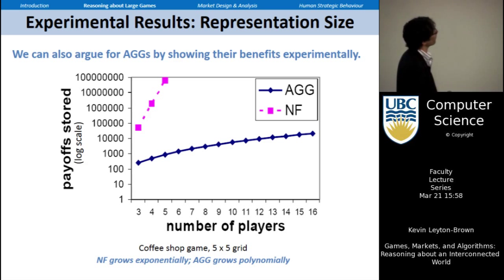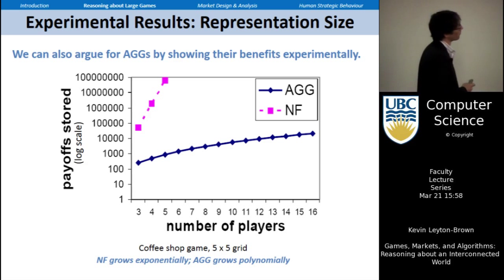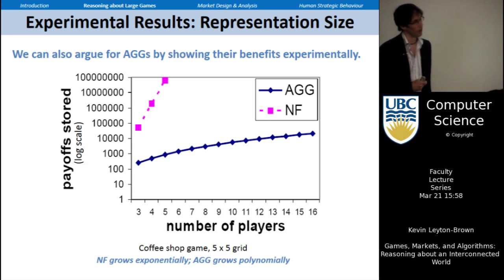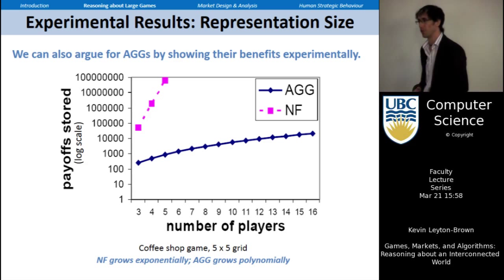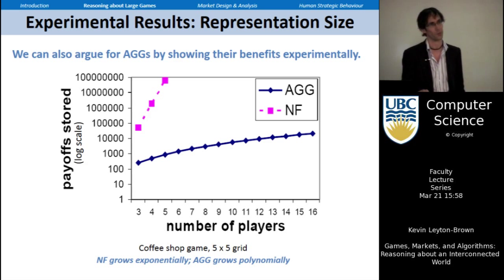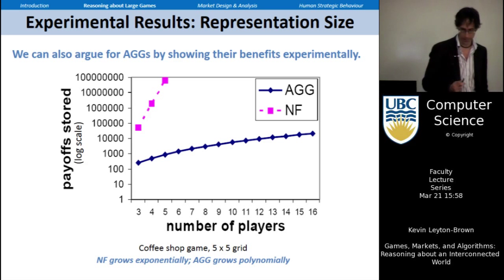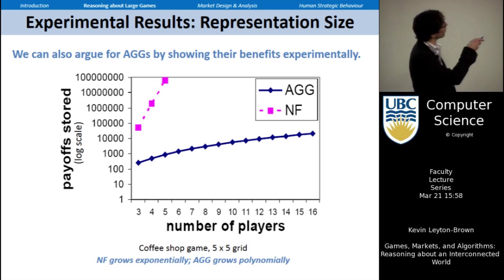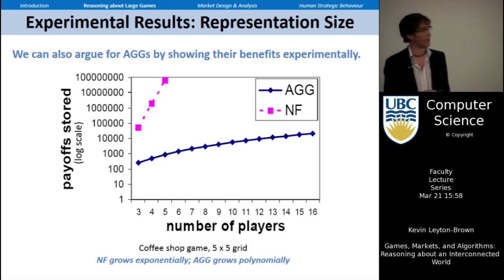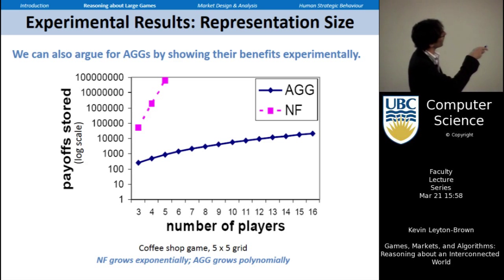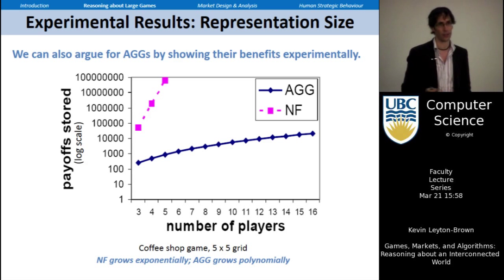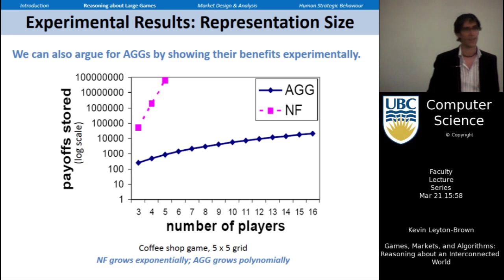Here I'm showing coffee shop games on a 5x5 grid, comparing the representation size of the normal form, which is the matrix representation we saw before, with the action graph game representation. Here I'm looking at the number of payoffs I have to write down on a log scale, and the number of players on the x-axis. You can see with the normal form, we shoot up into the ceiling. We didn't actually have enough hard drive space to represent the next data point, so I wasn't able to generate it.